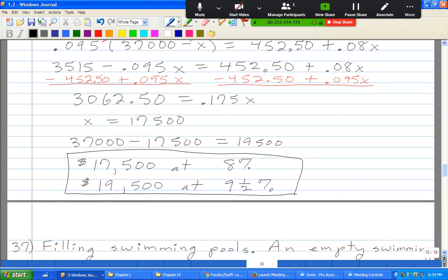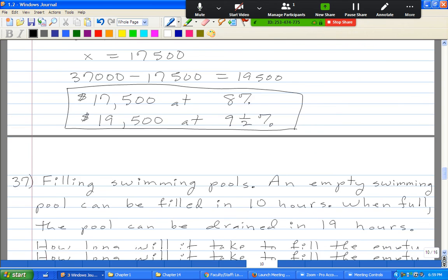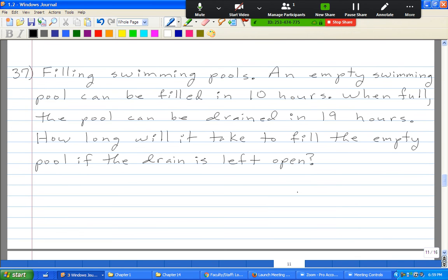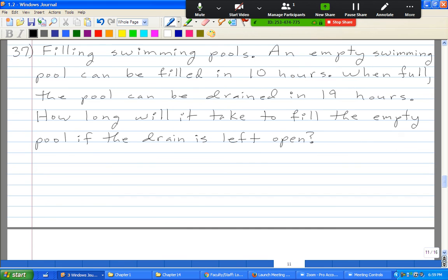Okay, let me do problem number 37. Filling swimming pools. An empty swimming pool can be filled in 10 hours. When full, the pool can be drained in 19 hours. How long will it take to fill the empty pool if the drain is left open? So it takes 10 hours to fill it, so 1/10 of it can be filled per hour.